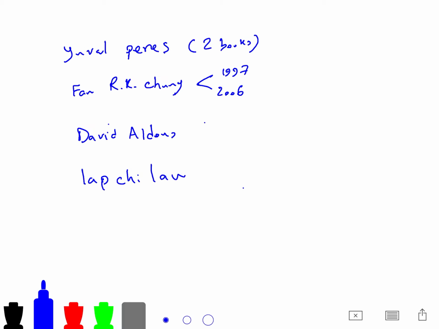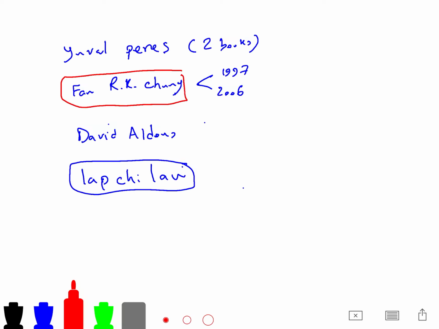Of course, Lap Chi Lau has worked on the Lovász-Simonovits curve that I will talk about. It's a very important thing, and even Fan Chung has talked about it a lot in her papers.